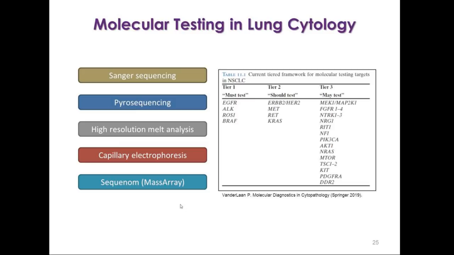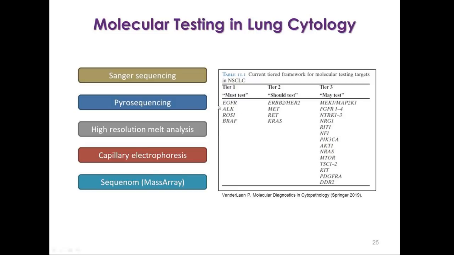Sequenom was one such platform which was able to do multiple genes at the same time. Now, this is currently what the genetic landscape of non-small cell lung cancer looks like. This is a table out of the molecular diagnostics book that I showed you, from the lung chapter by Paul van der Laan. It shows you the 3 different tiers of genes that need to be tested for lung cancer.